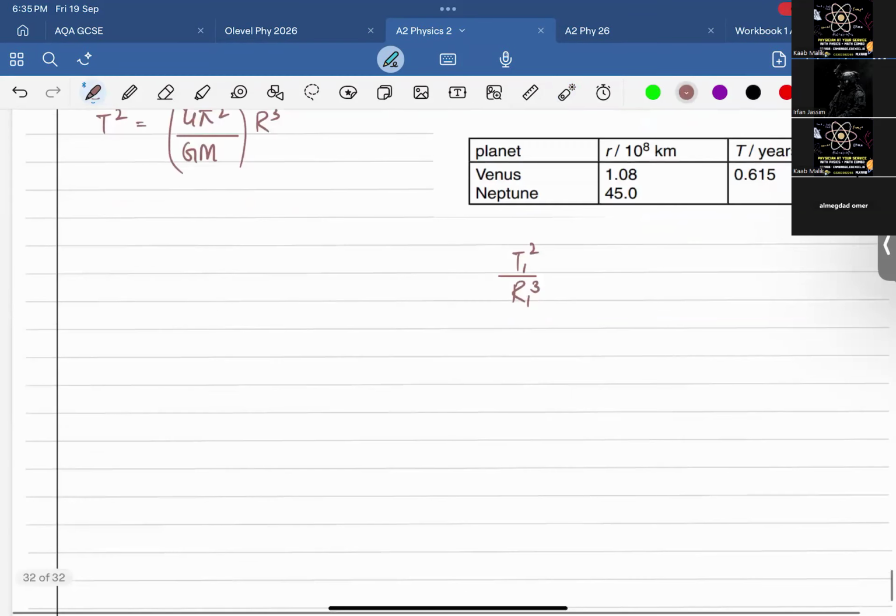So they remain squared and cubed, but they just get 1 and 2 in their subscript. Yes, guys, done.